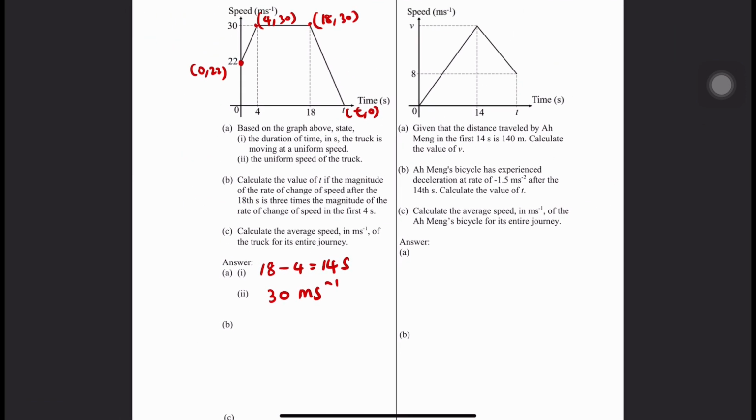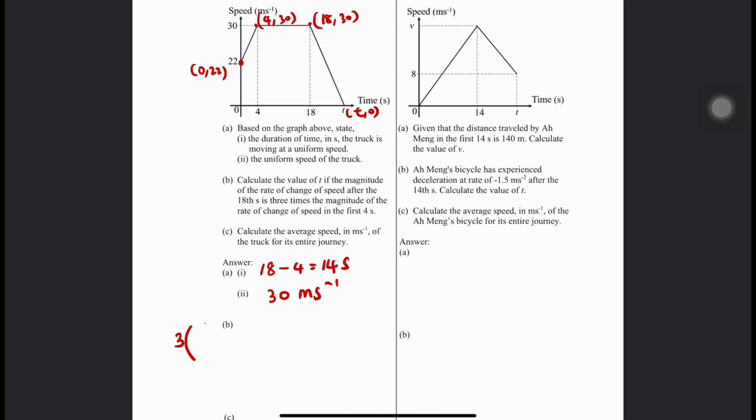Okay, so dia kata tadi di sini apa? Result of the 18s is 3 times. Sebelah sini 3 times of this one. Okay, so 3 times. So kita tulislah 3. Kira gradient dia.